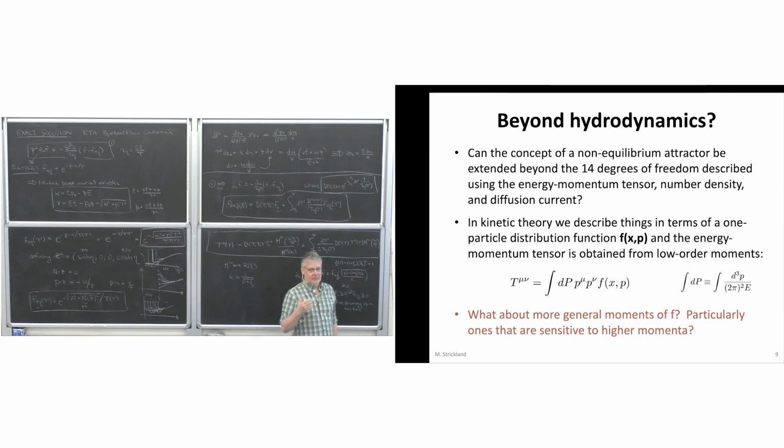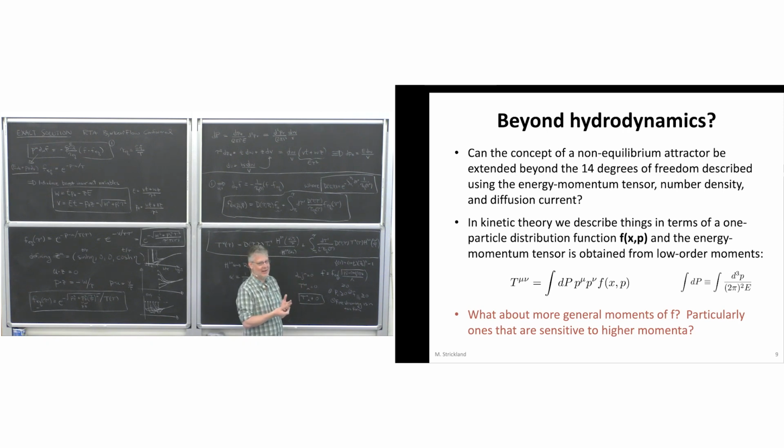But for hydro, it's always dealing with a reduced set of degrees of freedom. In the Bjorken case, there's only 2 degrees of freedom floating around, right? So there's surely more degrees of freedom hiding out there. And if we went to the full hydro theories, there's only 14 degrees of freedom.